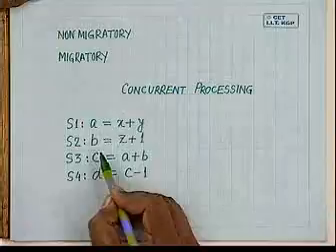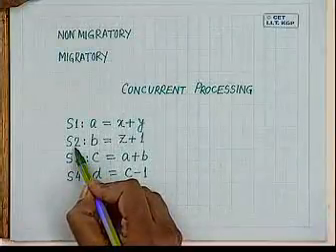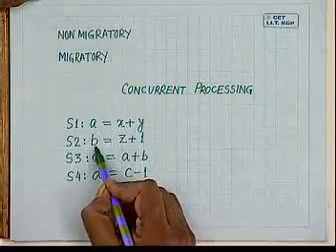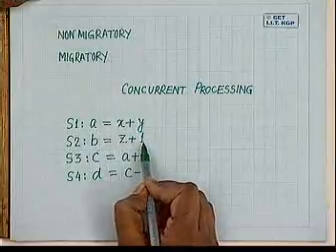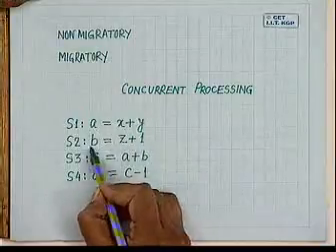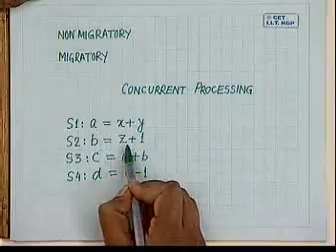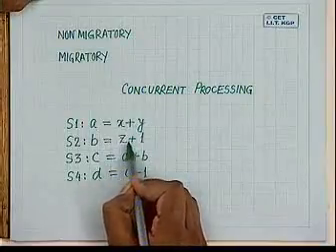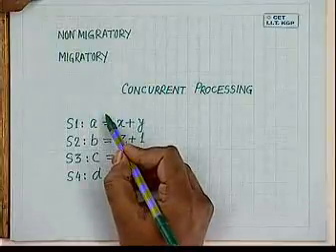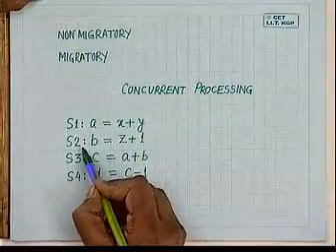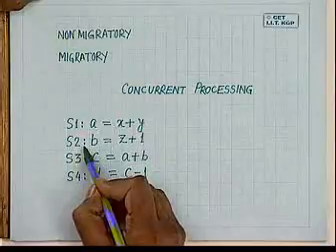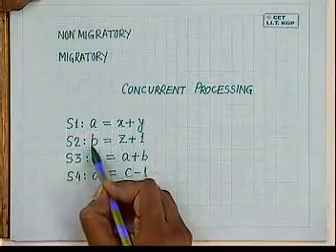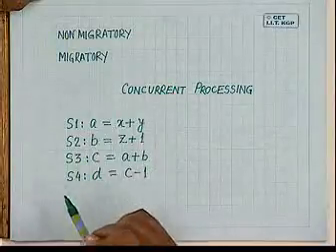Similarly, statement S2 says B = Z + 1, and here again the variable used is Z, and Z is not computed in S1. That means for computation of S2, we don't have to wait for the completion of S1.